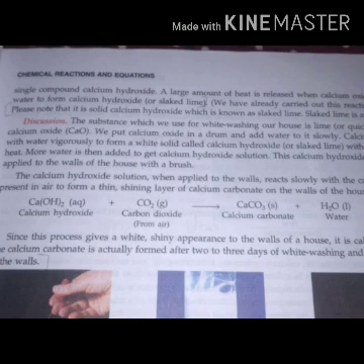Since this process gives a white shiny appearance to the wall of a house, it is called whitewashing. The calcium carbonate is actually formed after 2 to 3 days of whitewashing and gives a shiny finish to the walls.